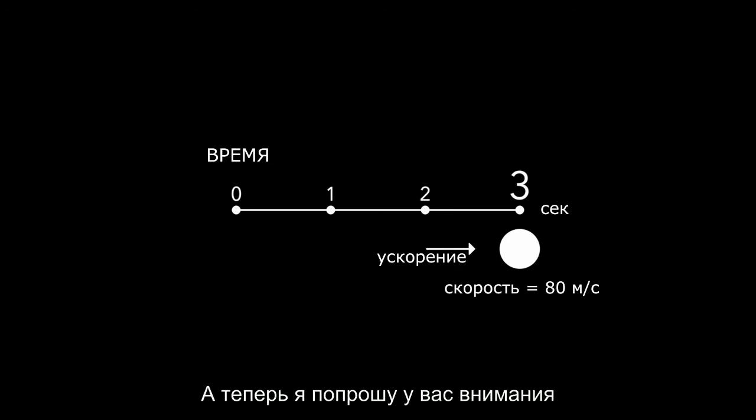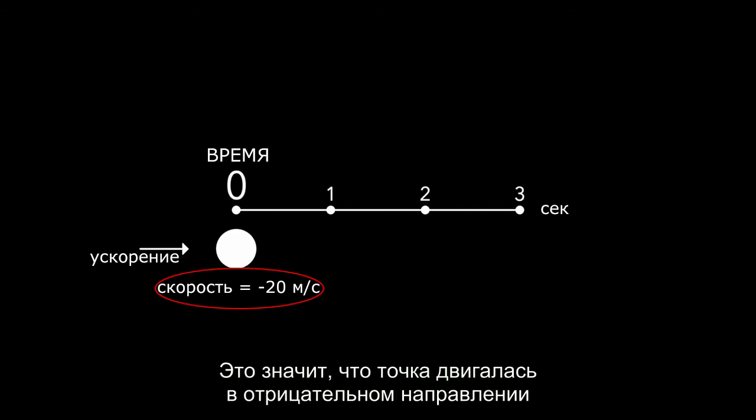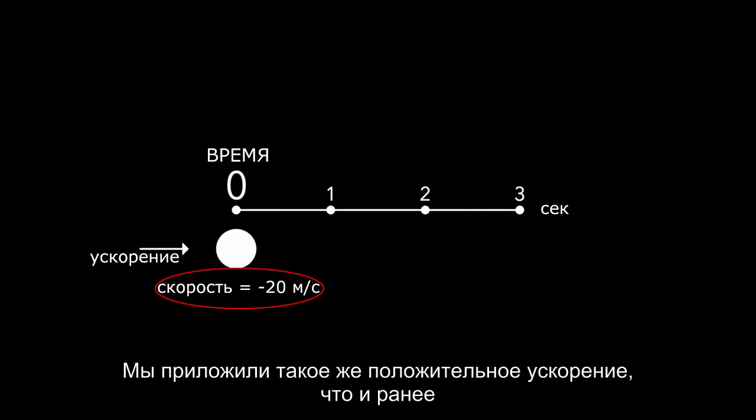And now I ask you for attention. The velocity could be negative in time 0. It means the point was moving in negative direction. For example, velocity was minus 20 meters per second. We applied the same positive acceleration as last time.